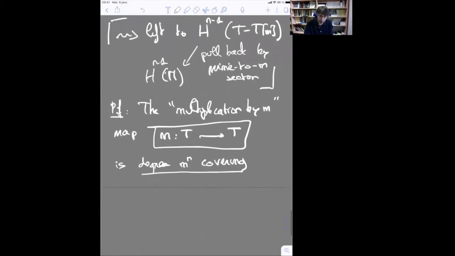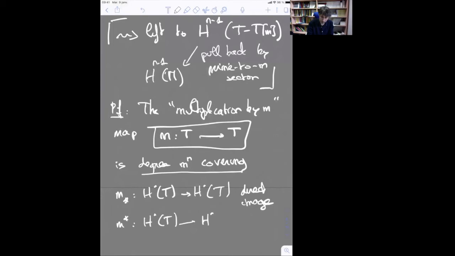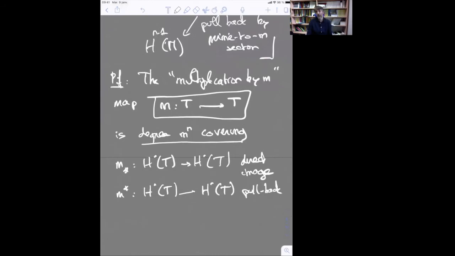And now, as such, if you consider the direct image map and the pullback map in cohomology, since m is a covering map of finite degree, they satisfy that the direct image map composed with the pullback map is equal to m to the n, the degree of the covering, times the identity on the cohomology.